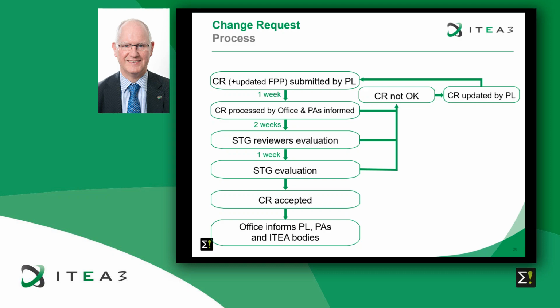After 1 week, the steering group evaluation will start, and finally, after the steering group evaluation, the steering group reviewers might decide that the project is not accepted, so it's rejected. In this case, the change request will go back to the project leader with the notes made by the reviewers to update the change request.